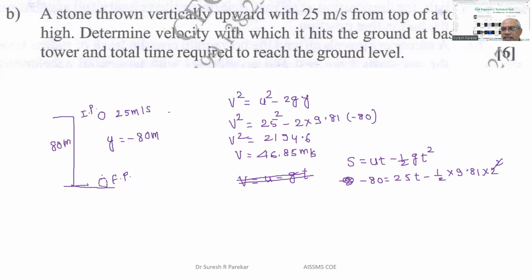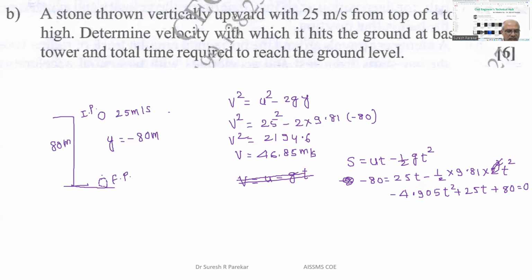Sorry, we have to find t. So we have this as t square. So we will get this as 9.81 divided by 2, 4.905. This is minus 4.905 t square plus 25t, and that is plus 80 equal to 0.